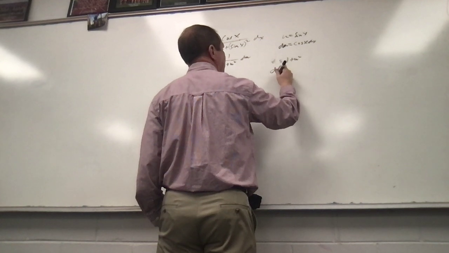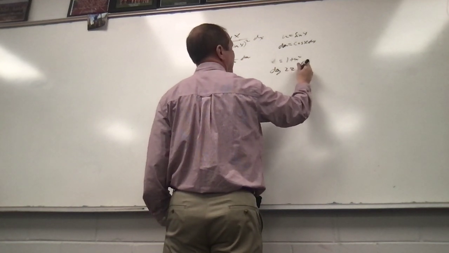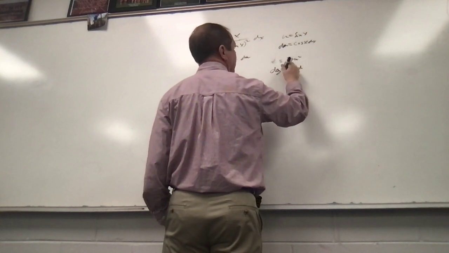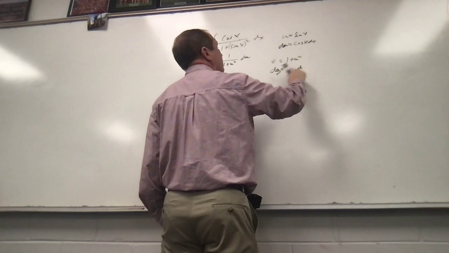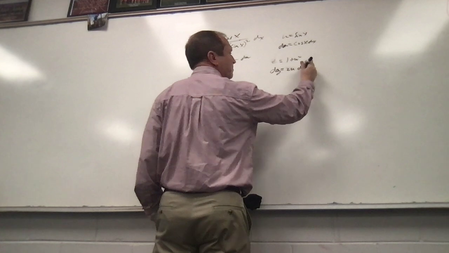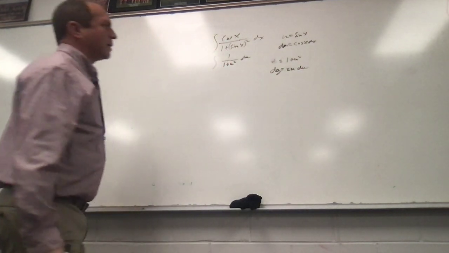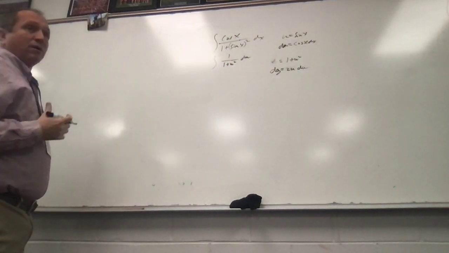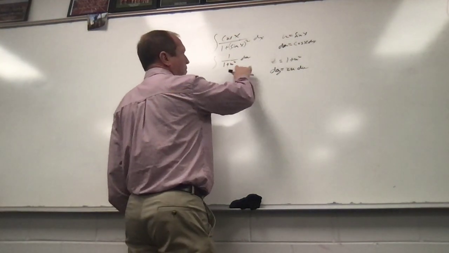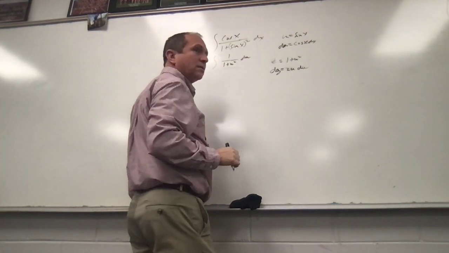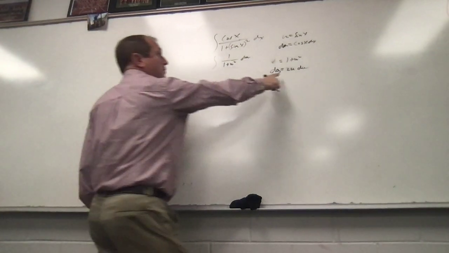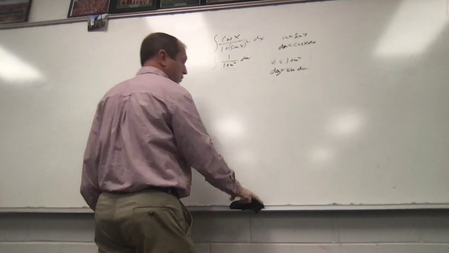So dz would be 2u du, right? In natural log problems, this denominator needs to be a constant. And there we've got a linear term, so that doesn't work.